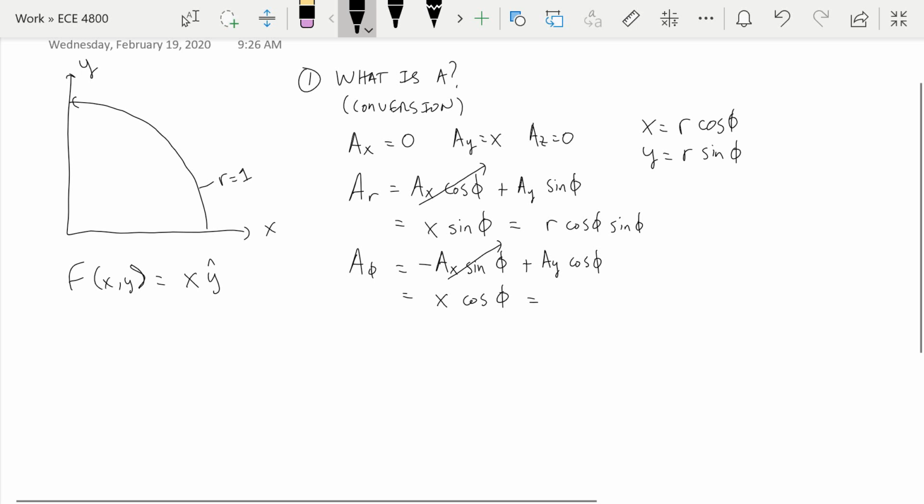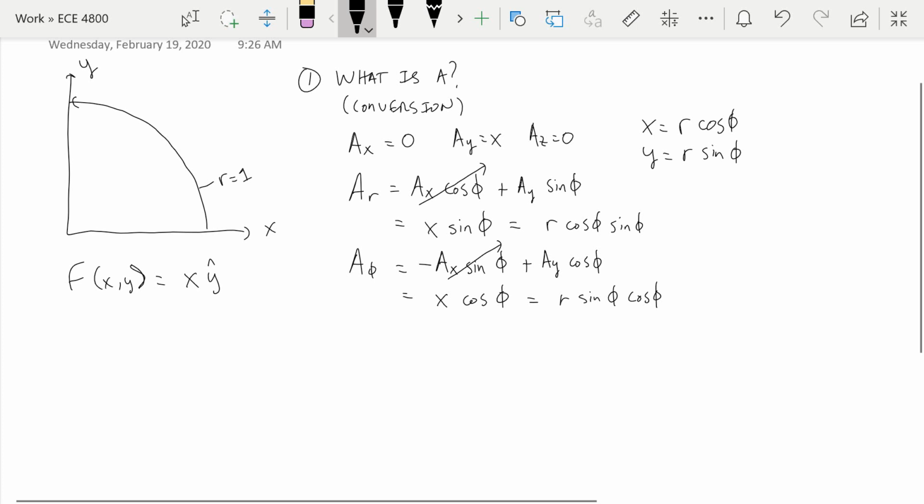So the a phi term becomes, let's see, r sine phi cosine phi. Let me double check. Okay, good.